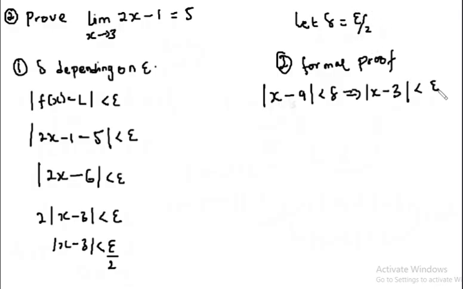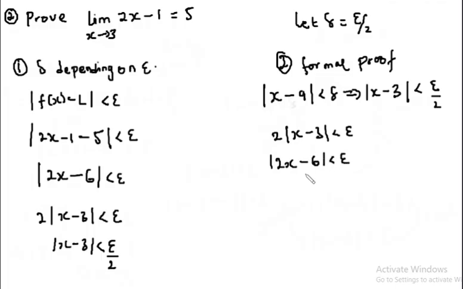So this is epsilon over 2. If I cross multiply from here, I have absolute value of x minus 3, and then I have 2 here. So this is less than epsilon. If I use this 2 to multiply all the terms in this absolute value, I have absolute value of 2x minus 6 less than epsilon.